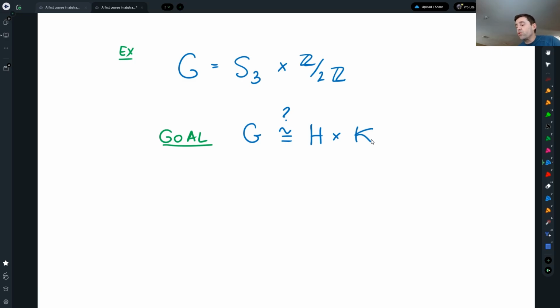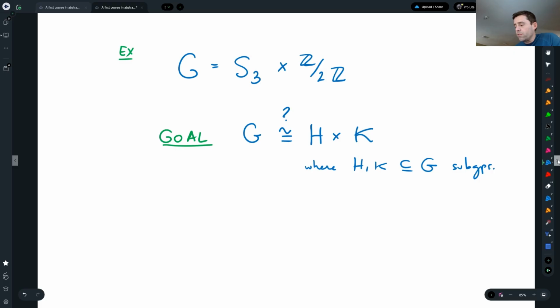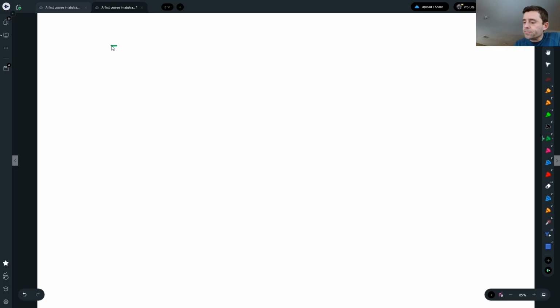So we're going to try to see if we can build it out of the direct product of two of its own subgroups, where H and K are subgroups of G. If so, then we say that G is the internal direct product of the two. Let me give you an example before I try to define this formally. Let me give you two more examples.